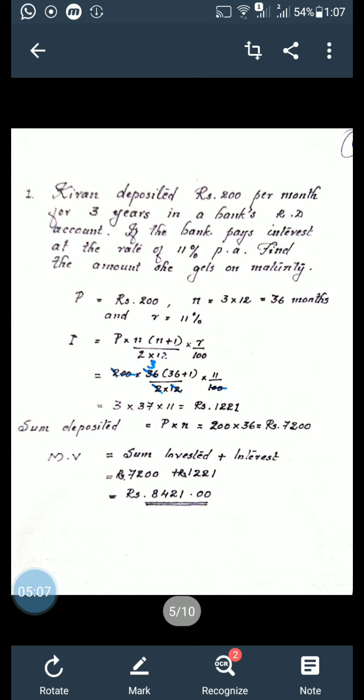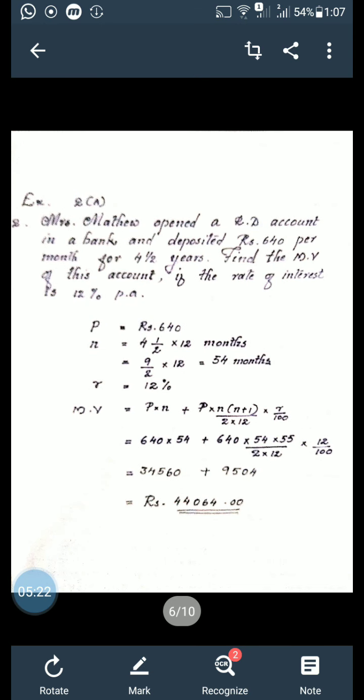Now we can do one question from that exercise 2A. The first one you can do in the same way, with the same method. And question number 2. I'll read that.